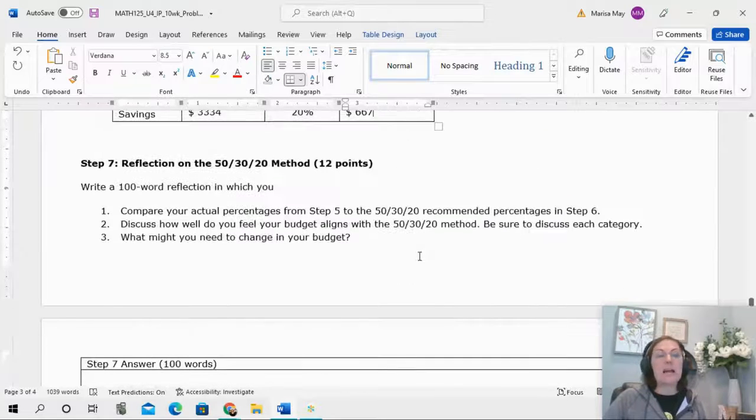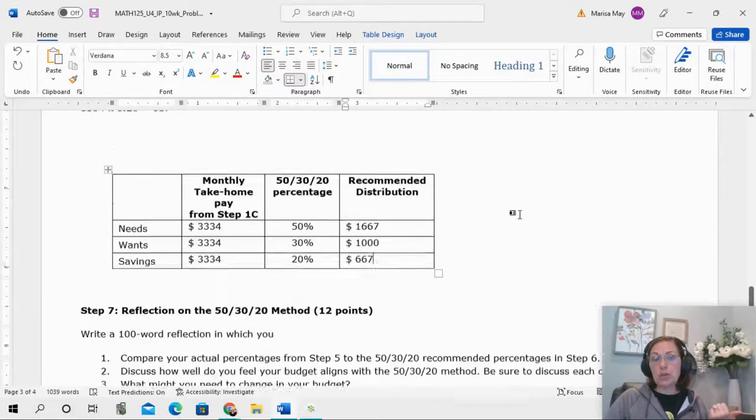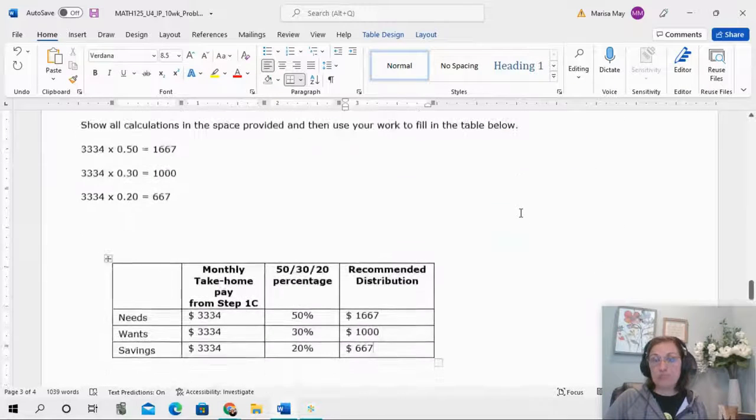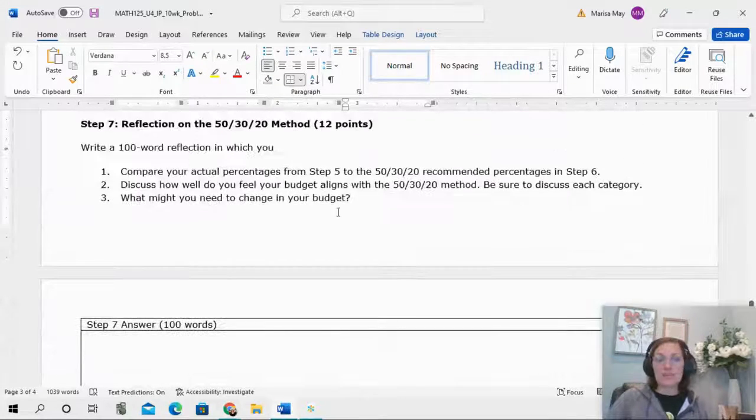Okay, might be something I might say there for number 1. Discuss here in number 2, how well do you feel your budget aligns with the 50-30-20? Mine didn't. My needs were too high and my wants and savings were too low, truthfully. Okay. So that might be something that I would say there for number 2.